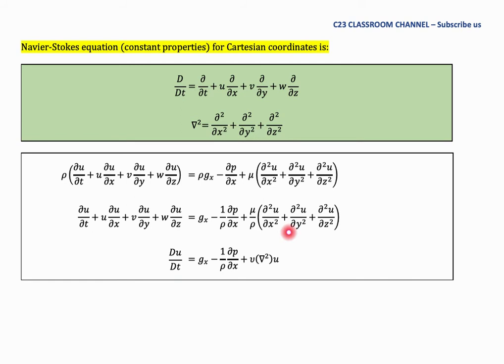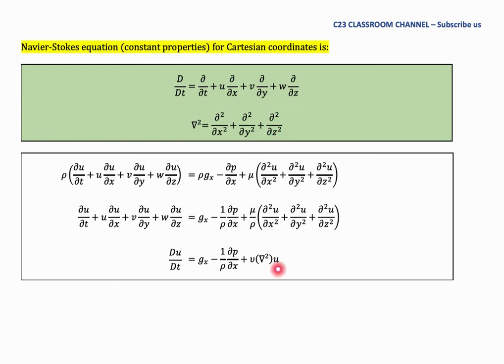And then this term can be written with nabla. The shape of the triangle like this is called nabla, and this is nabla square. The meaning of nabla square is del square over del x square plus del square over del y square plus del square over del z square.